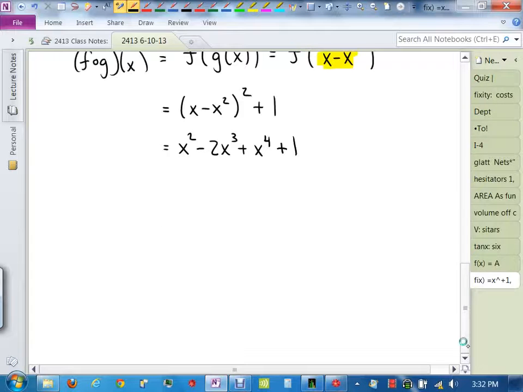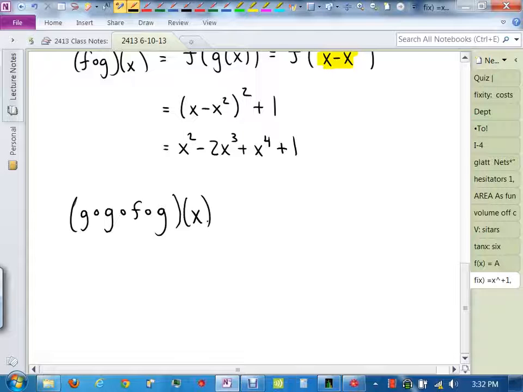Now, how many of you were taught fog and goff? No? Fog and goff, that cute little, okay. How about this, though? What would g of f of g be? I mean, there's nothing saying that you can't have composition repeated.